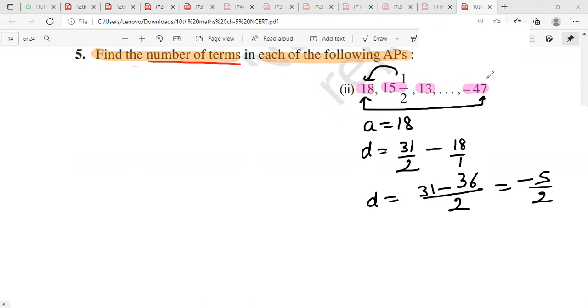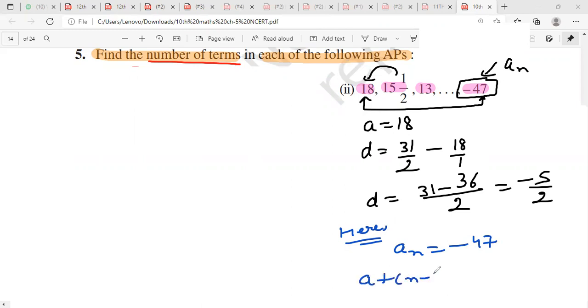Okay. Now, the last term, that is the nth term. So here AN is equal to minus 47. And AN means A plus N minus 1 into D. It is equal to minus 47.